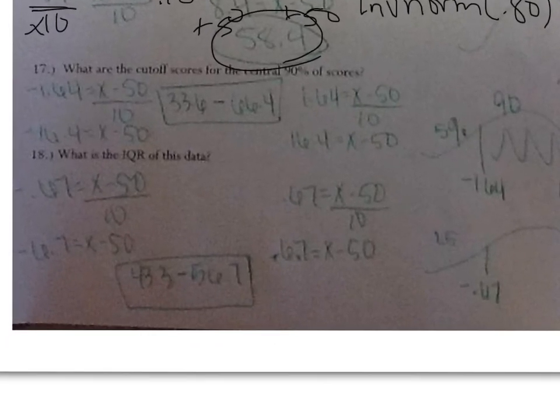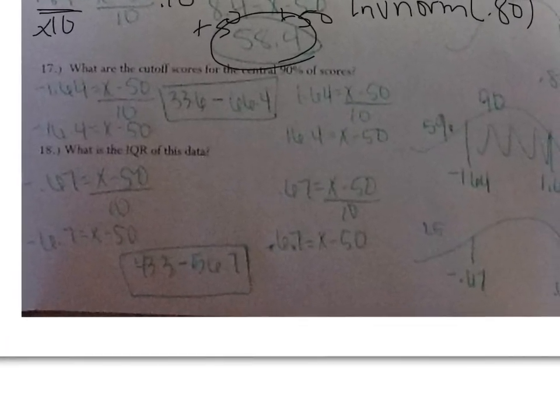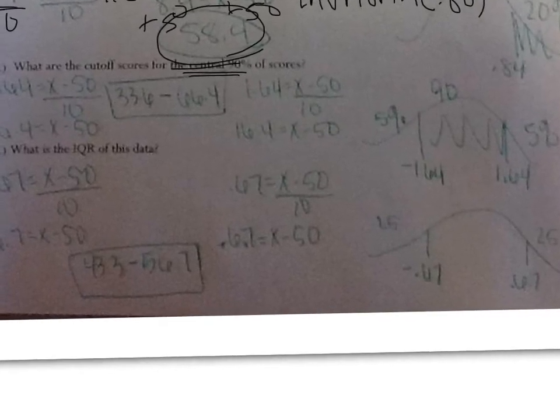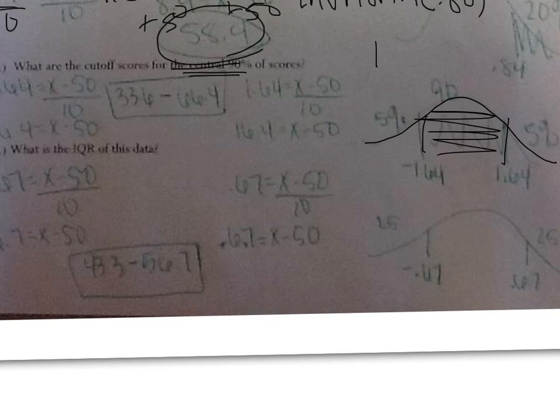This one is the one that was confusing people on both the homework and this review. The central 90%, you really need to draw a picture for this. I know y'all get so irritated when I tell you to draw a picture, but I'm not torturing you. I'm actually trying to help you. So the center 90% means that I have left off 10% of the values. Half the values are below, so 5% are below, and half the values are above, so 5% are above.